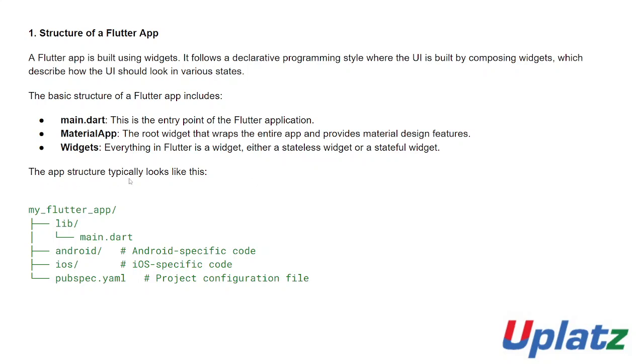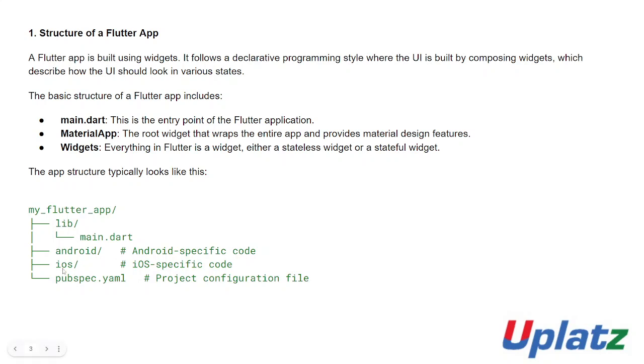The app structure typically looks like this. My Flutter app. Under that there is a lib folder. Within the lib folder there is main.dart, which is our main workplace. Then there is another folder, android, which has Android specific code.